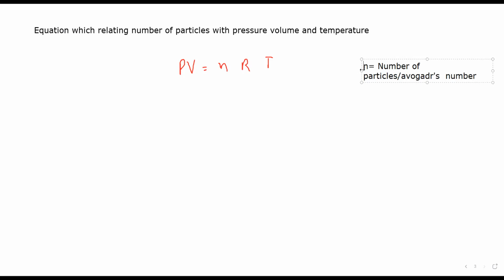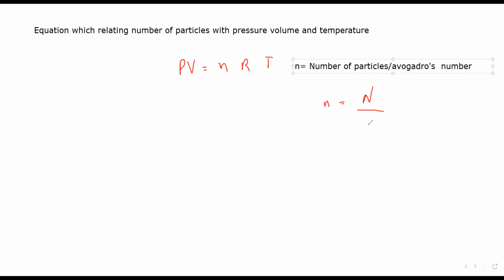The number of particles is denoted by capital N, and Avogadro's number is denoted by Na, which is 6.02 times 10 to the power 23.